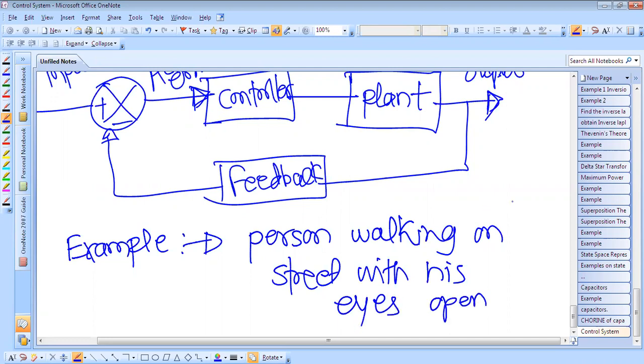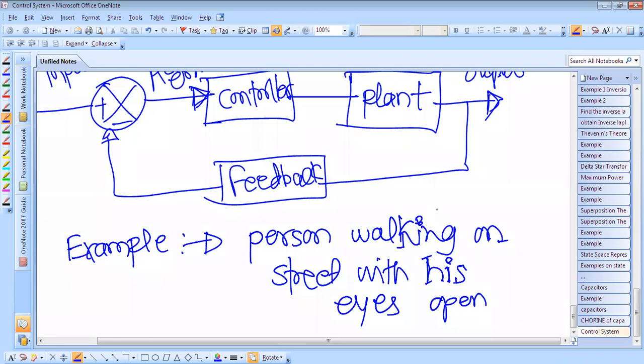Suppose he wants to head in the east direction, and he closes his eyes and continues to walk for a while. He may not head in the east direction; he may turn to the north, south, or west after some time. But if his eyes are open, he will continuously get feedback whether he is going in the right direction or not.